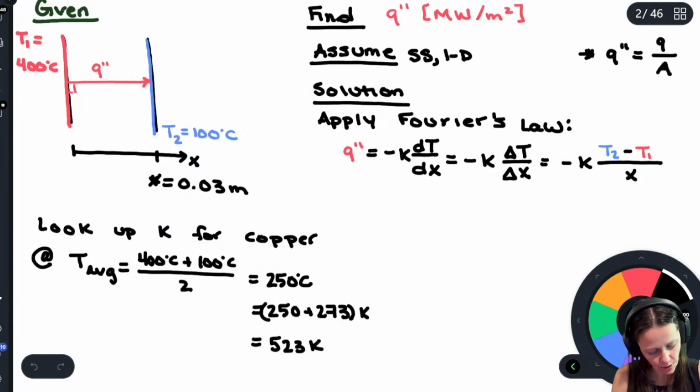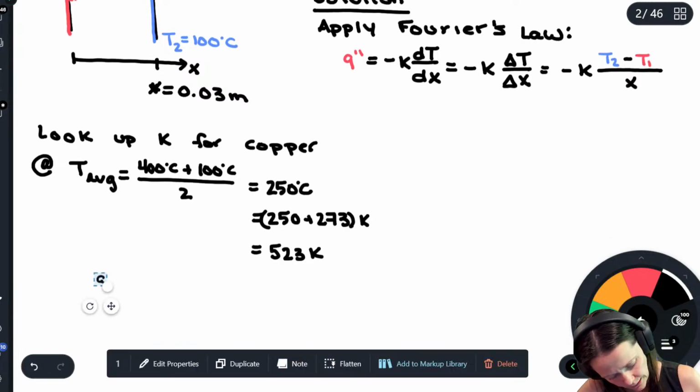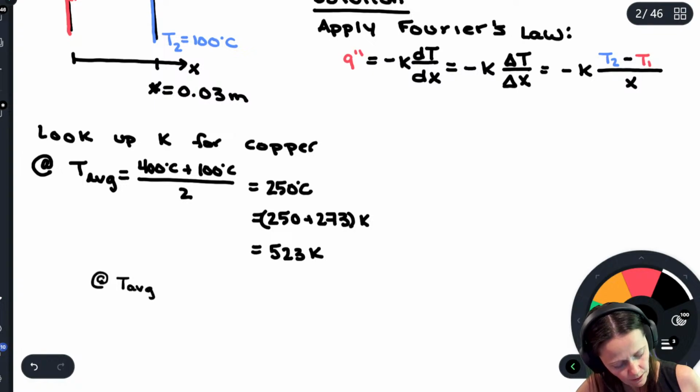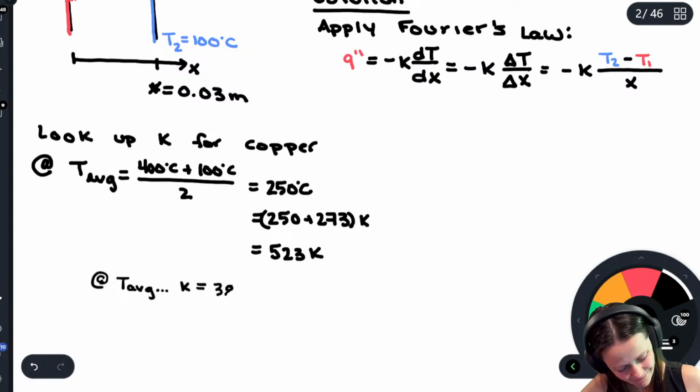So at the average temperature, we end up getting a K value of 384.4. Perfect, and that's going to be watts per meter Kelvin.